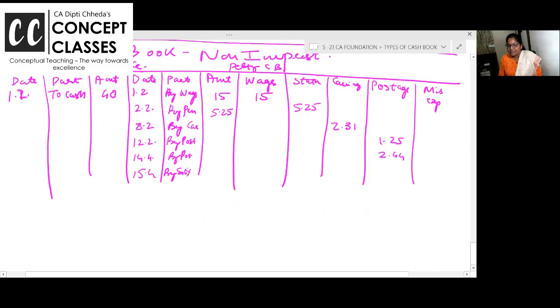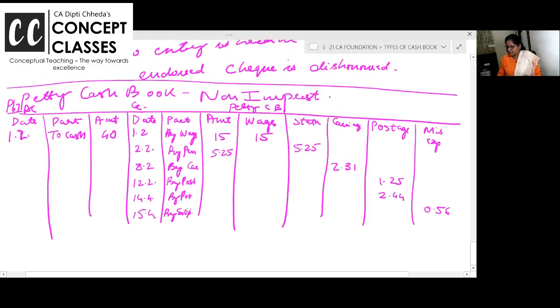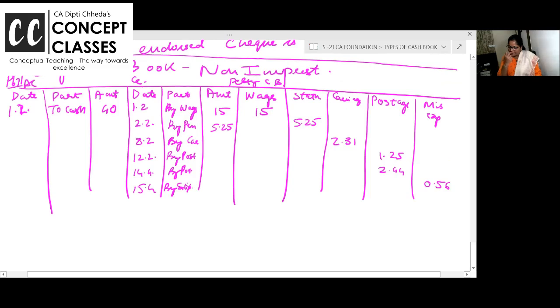Sundry expense. Sundry expense is like 0.56. ठीक है, अच्छा है. See, this is all February month, not April. This whole month you may do whatever expenditure you like, right or not? Okay.